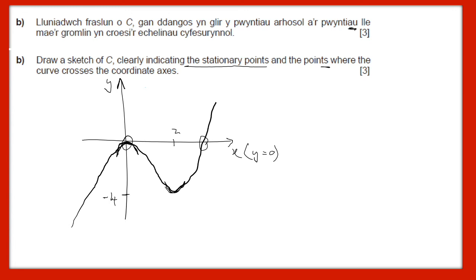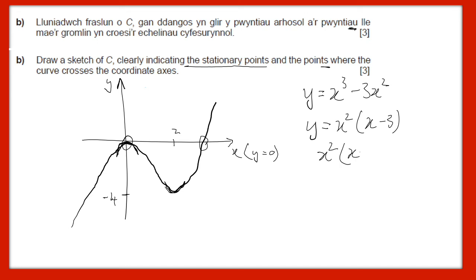Now I could have done that straight off, but the question wasn't asking for it. My function was y equals x cubed minus 3x squared. And if I pull out my common factors, x squared, x minus 3, and I let y equal 0, x squared, x minus 3 equals 0.